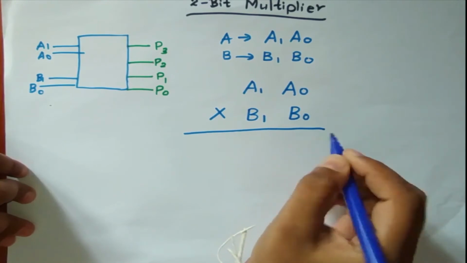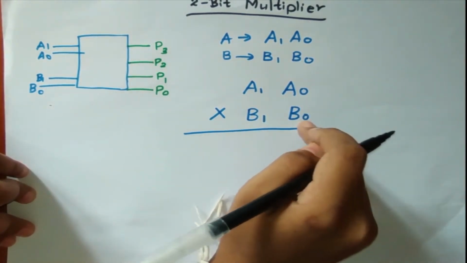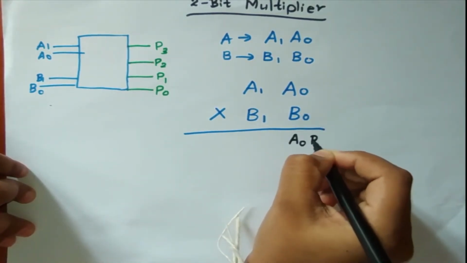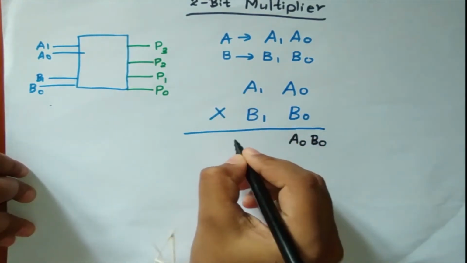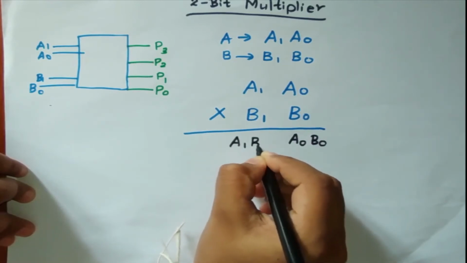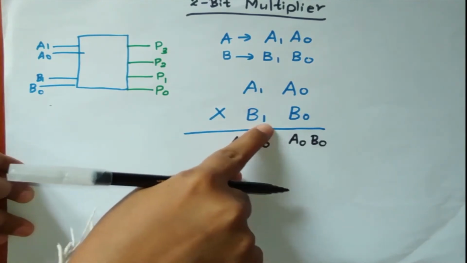So first, by multiplying B0 with A0, we get A0 B0, and we multiply B0 with A1. It is A1 B0.